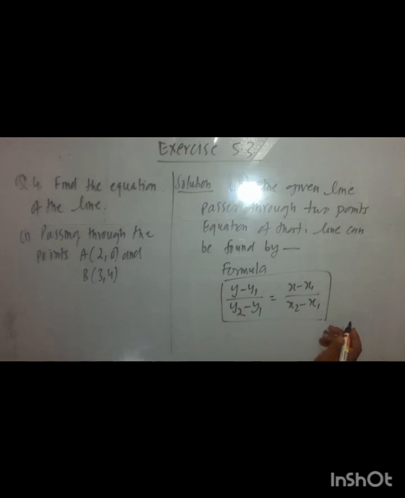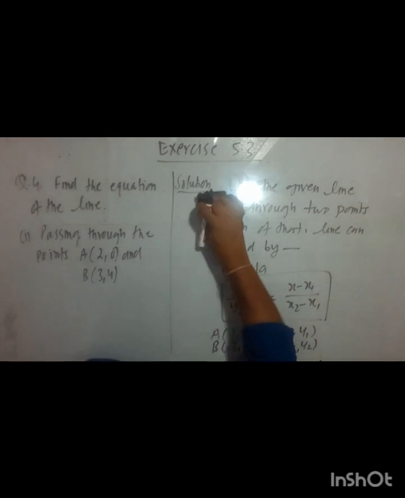Now there are 2 given points, A as 2, 0. So we will take A as x1, y1, and another point is B given as 3, 4, so that will be x2, y2. So you can put these values in the formula and determine the equation of the line. So easy.